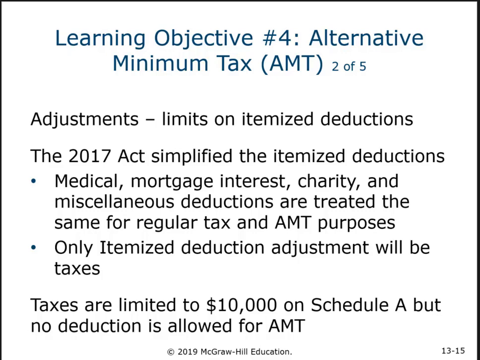So you're going to add those back. Your state and local income and property taxes are limited to $10,000, so the most you'd have to add back would be $10,000. That's the most benefit you would have gotten, regardless of what you paid in those taxes.